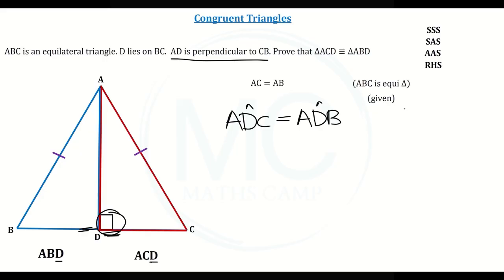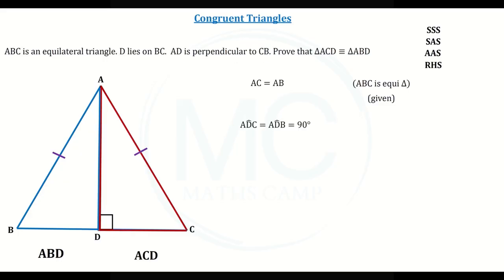And we know that both of these angles are equal to 90 degrees. As our reason, we can say that AD is perpendicular to CB. And we know that this is true because this information has been given to us in the question.